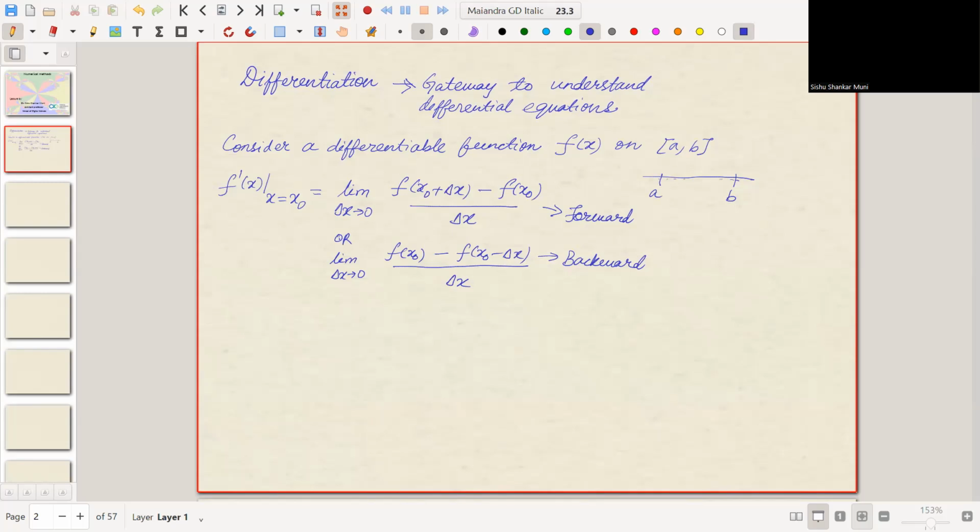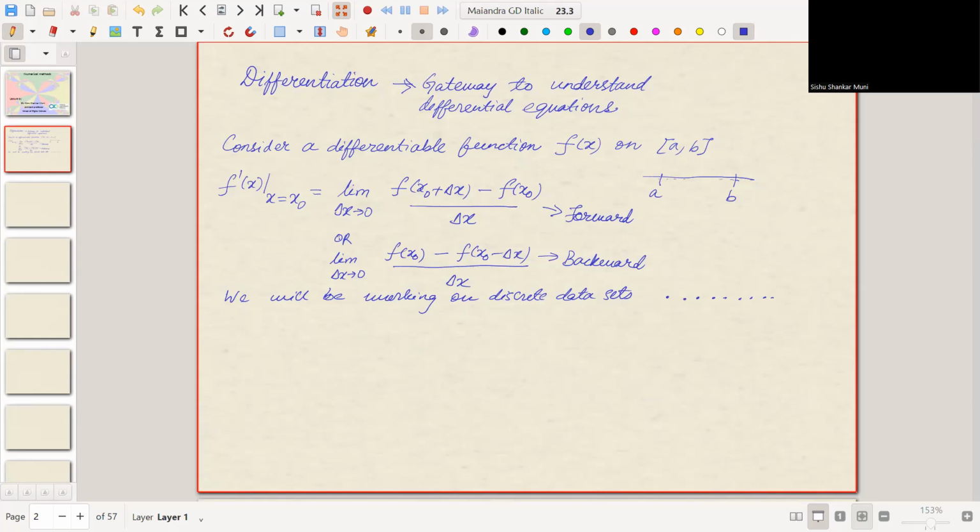So the point is, we will be working on discrete data sets. What do you mean by discrete data sets? Discrete data sets in the sense that, instead of this, you have just points. That means the knowledge of the points is given to you, the value of the function at these x values is given to you.